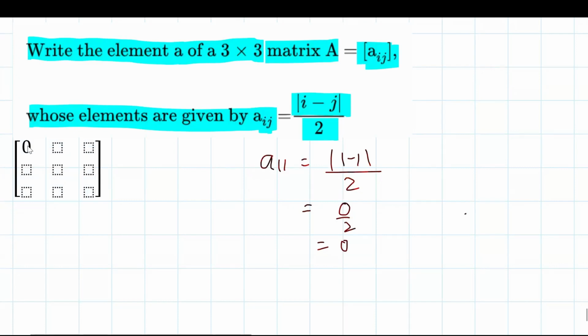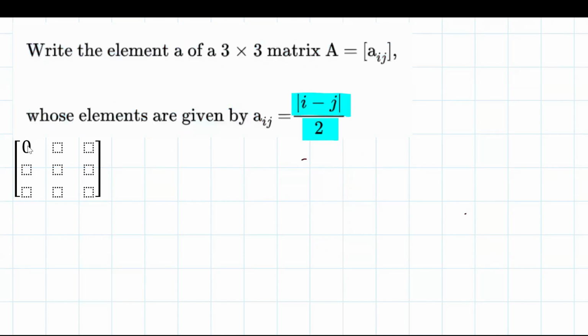Now coming to the next. Using the same relation we can find the other values. The next is A12, first row and second column. So i stands for the row, so it's modulus of 1 minus j, which is 2, divided by 2.